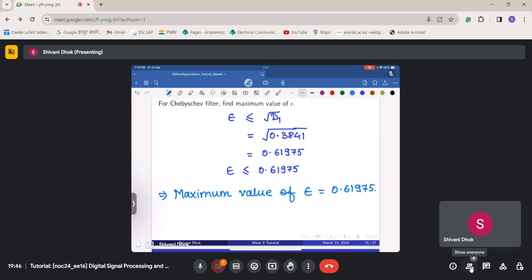To get the constant in the Chebyshev filter, we have to equate the response to k at omega equal to 0, so epsilon is very much useful there. It is a filter parameter, so you need to find it out.